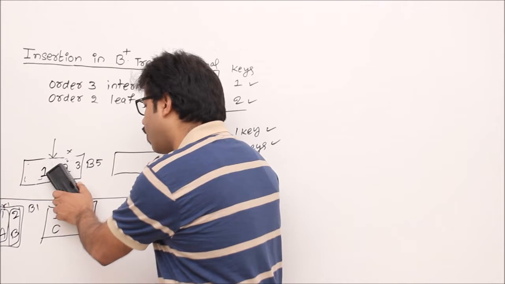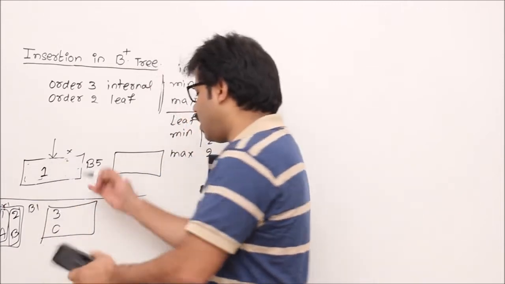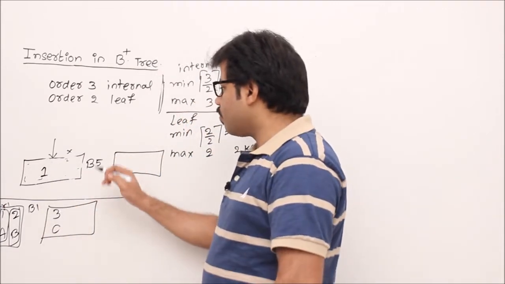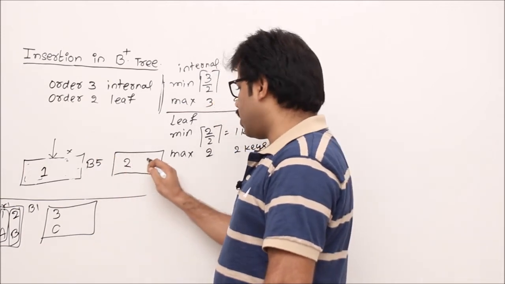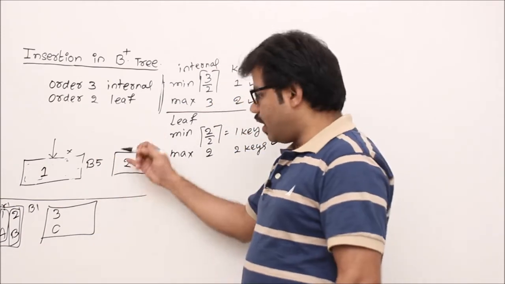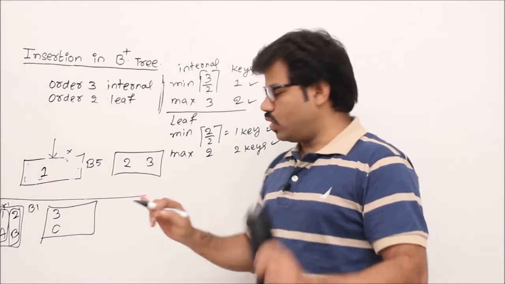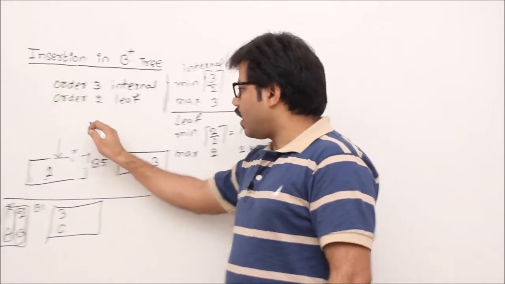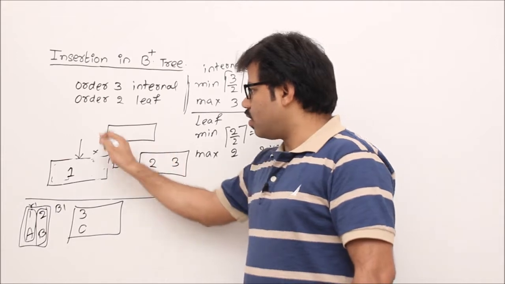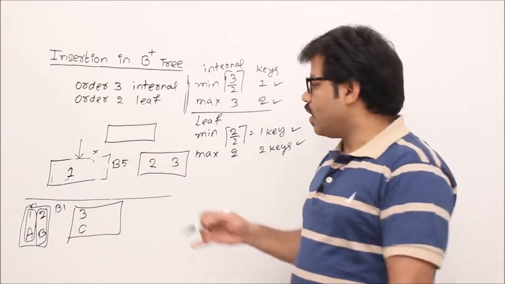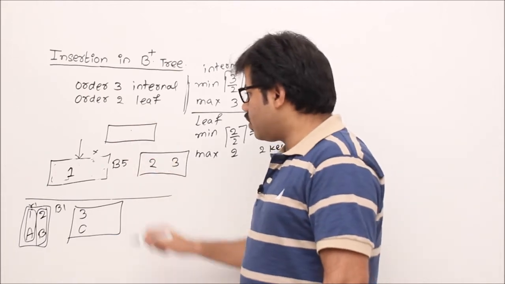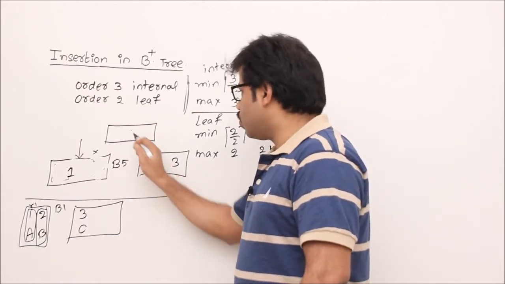Here we have 1, 2, 3, and I can't divide exactly into half, so I send 2 comma 3 to the right side along with their record pointers. This is also a leaf. Now I create one more page or block. See, in implementation 2 new blocks got created. Here I am going to keep these 2.